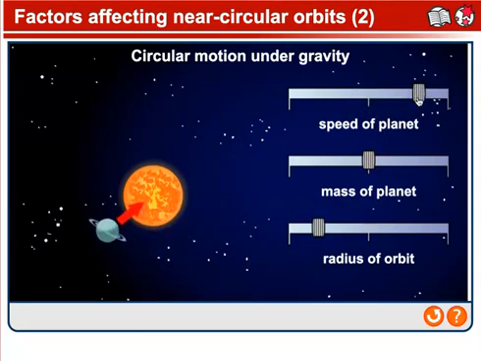Notice what is happening to the radius of orbit. What if we slow it way down? Notice that the speed of the planet is related to the radius of the orbit. There is an inverse relationship.